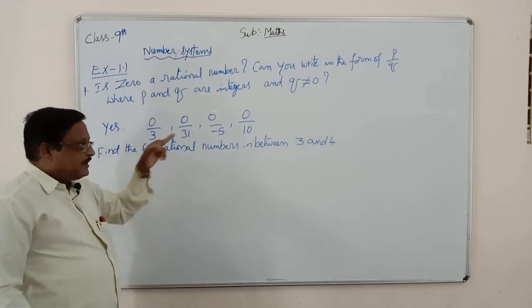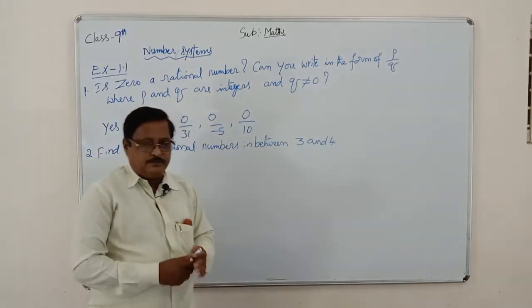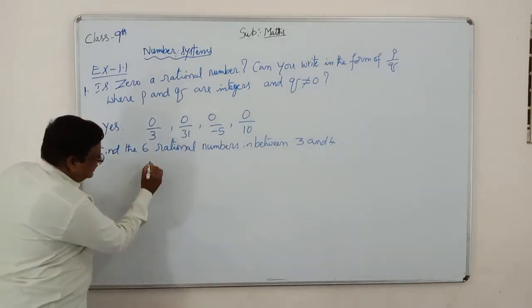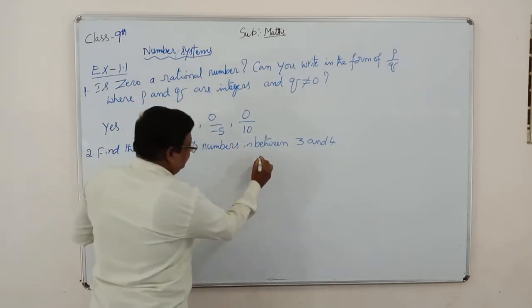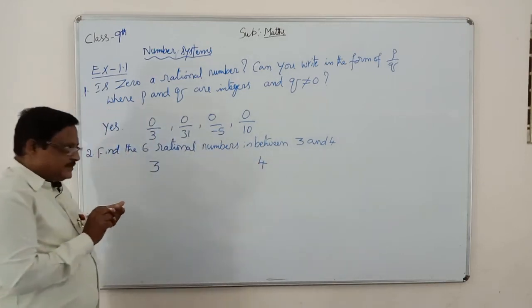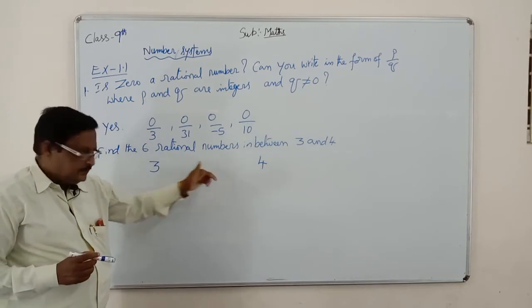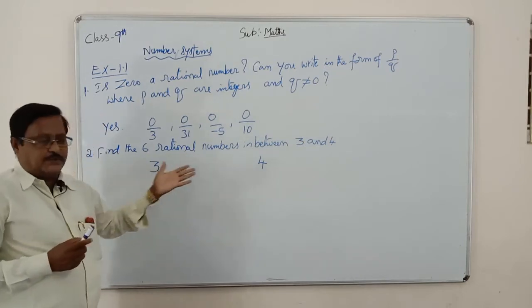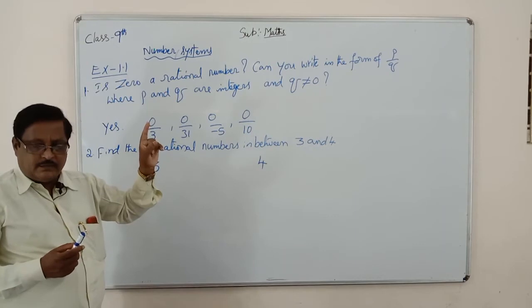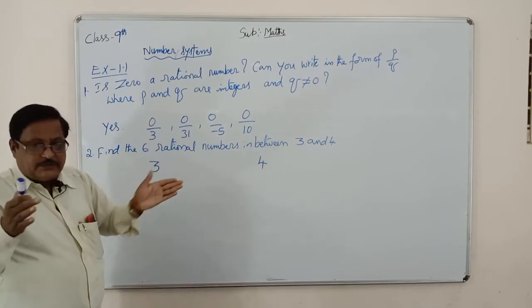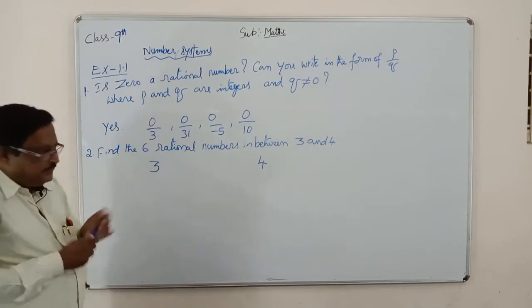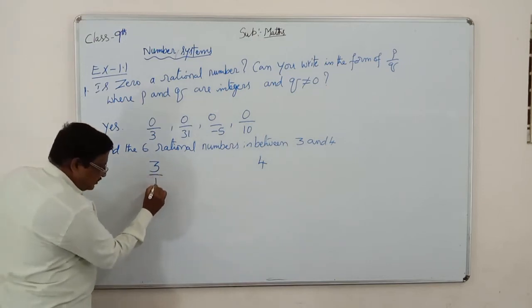See here, the given numbers are 3 and 4. The difference between these two numbers is very small, it is 1. That's why, to increase the difference between these two numbers, note that there is no denominator, which means 1.